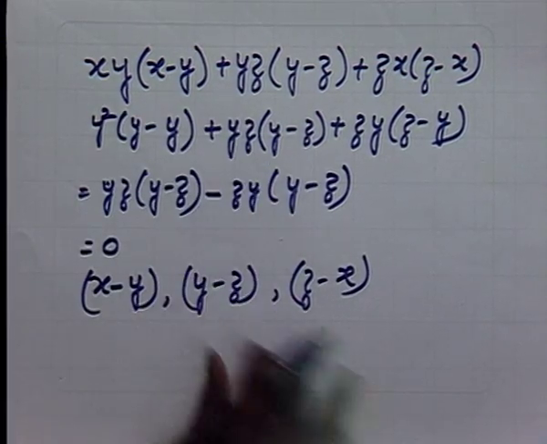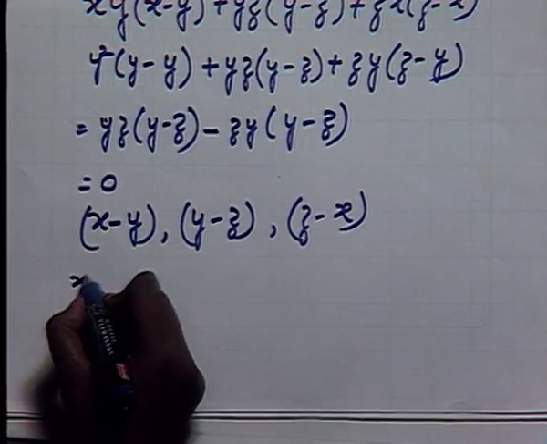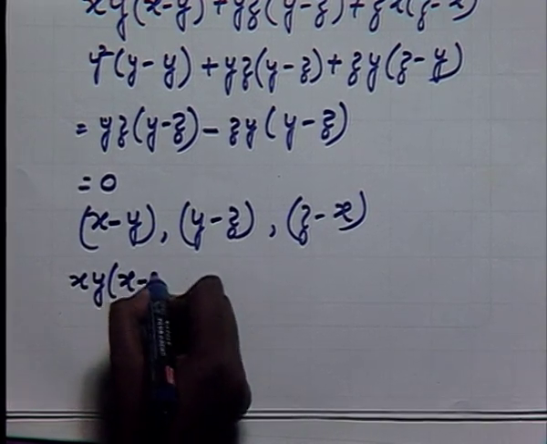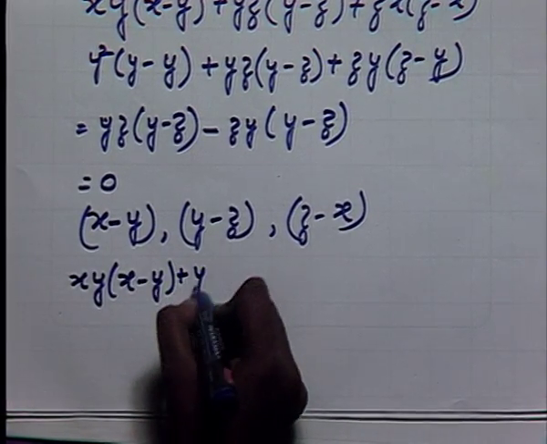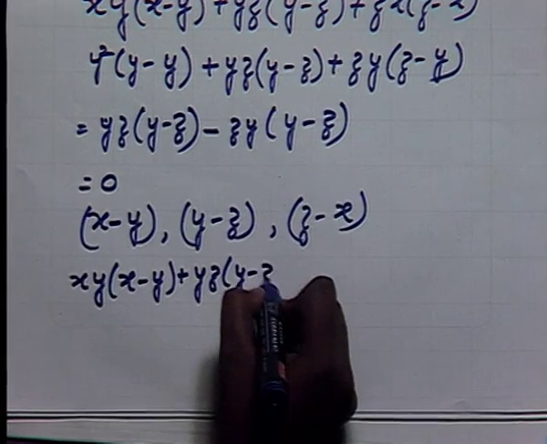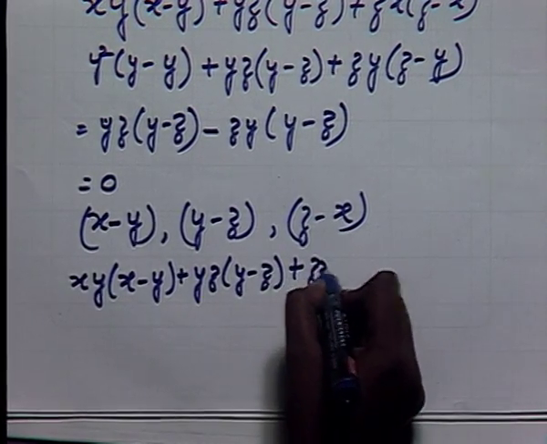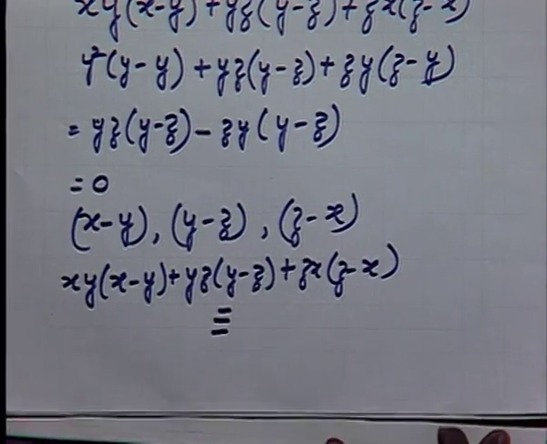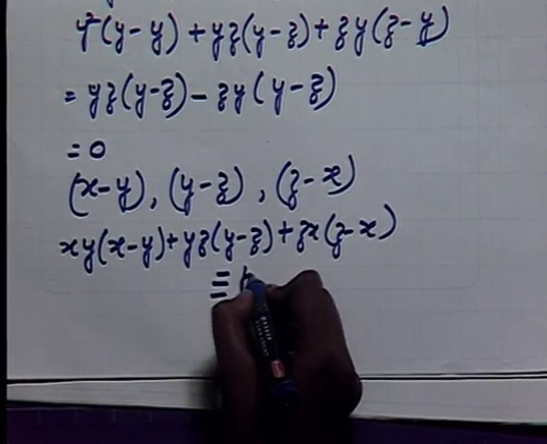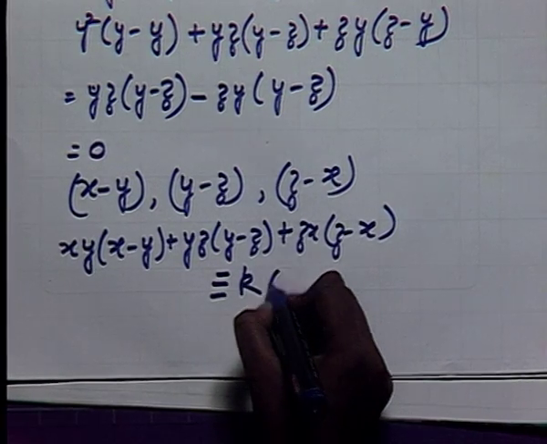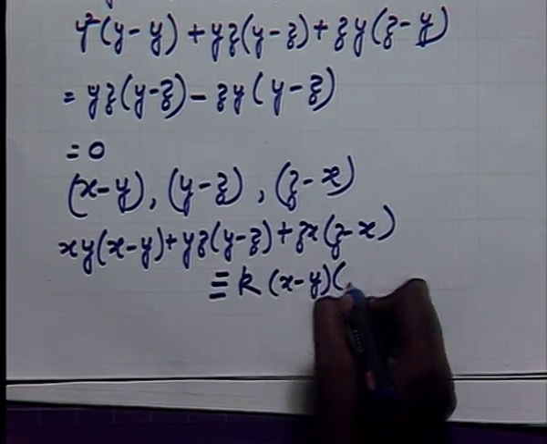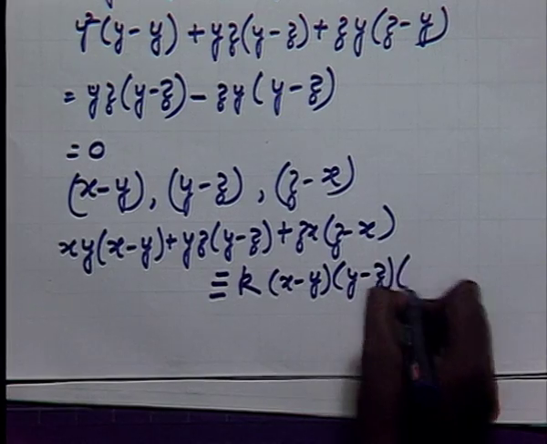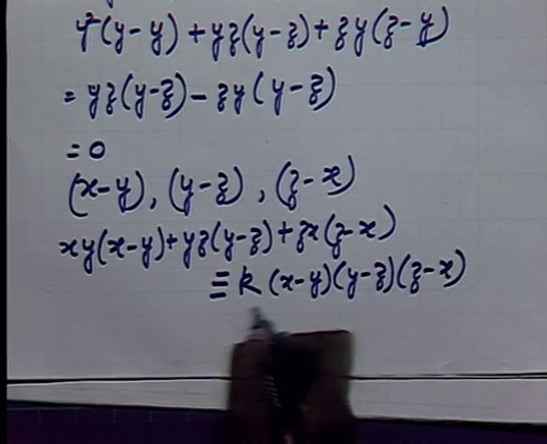So, this expression now can be written as xy into x minus y plus yz into y minus z plus zx into z minus x is equal to or equivalent to k times x minus y into y minus z into z minus x.